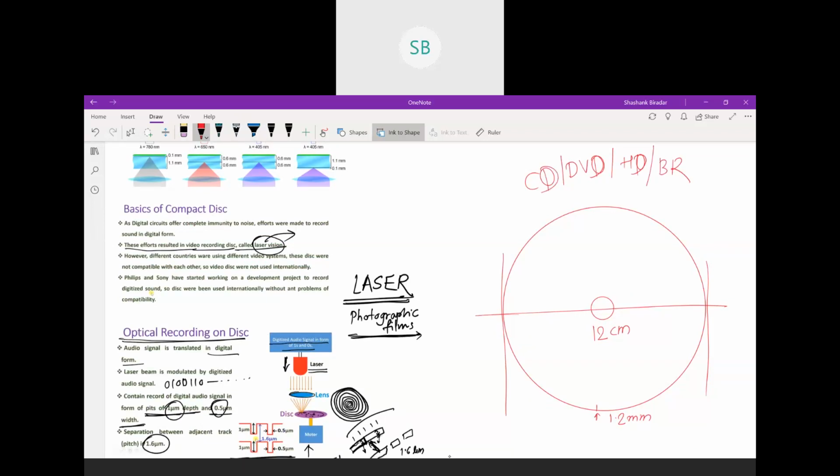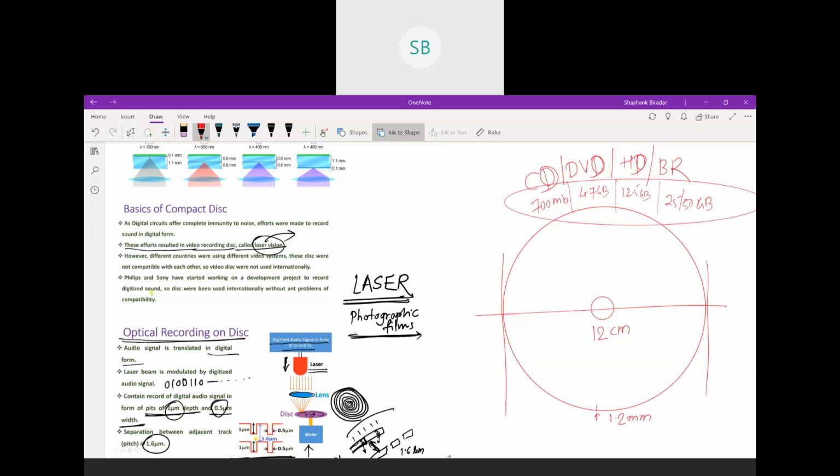It is 700 MB for CD, 4.7 GB for DVD, approximately 12.5 GB for HD DVD, and 25 to 50 GB for Blu-ray. Again, there are certain parameters, whether it is a single layer or double layer. In spite of having the same dimensions, how can this much data be accommodated? That is the question.